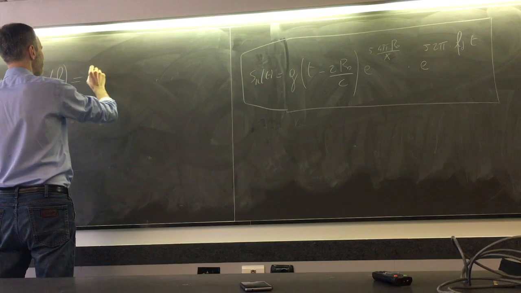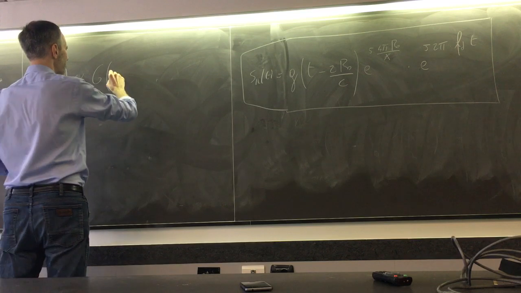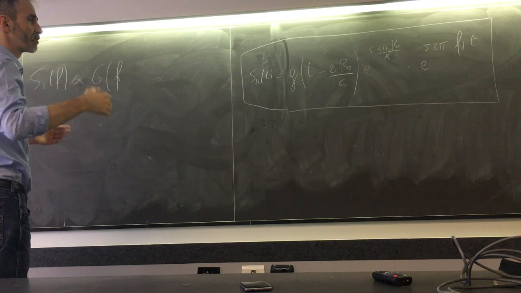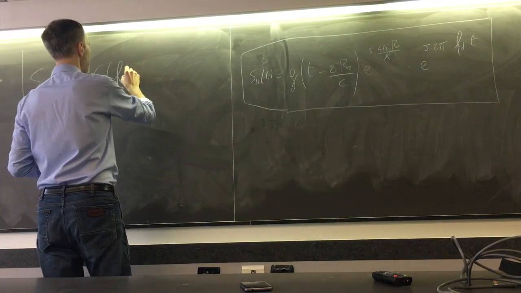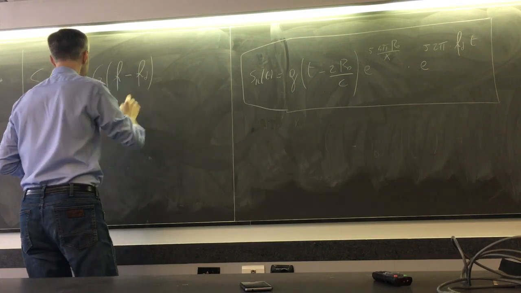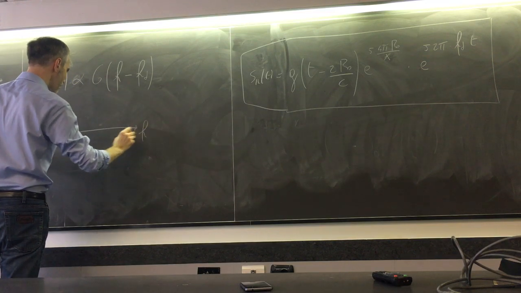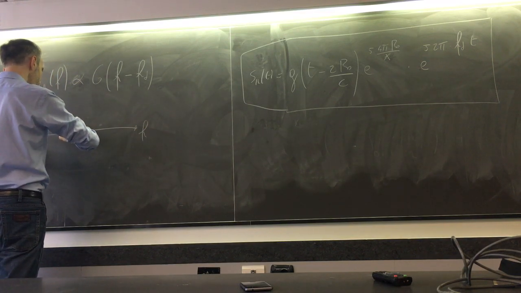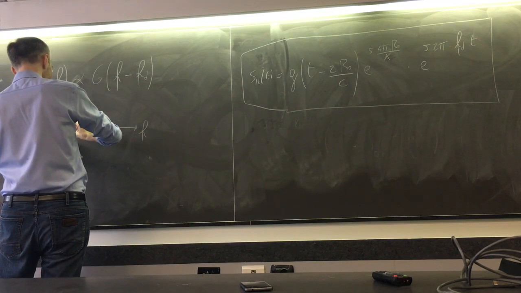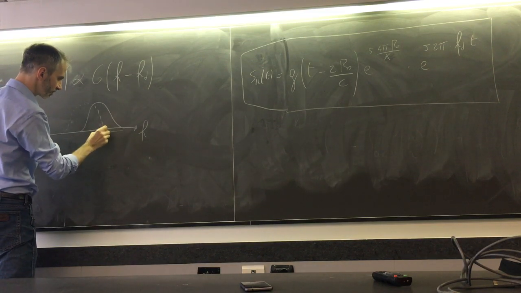Up to some phase term, which I'm not interested in focusing your attention on, you have G of F minus Fd. So basically, what you are receiving in the frequency domain is not your original signal, but it is translated in the frequency domain by an amount Fd.